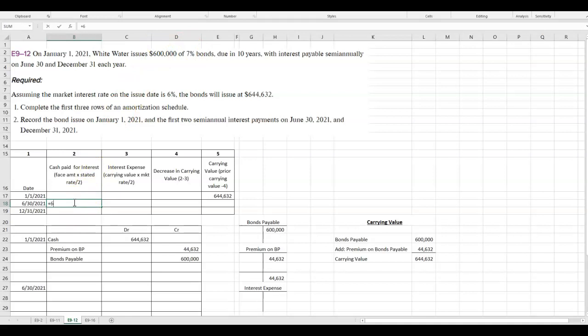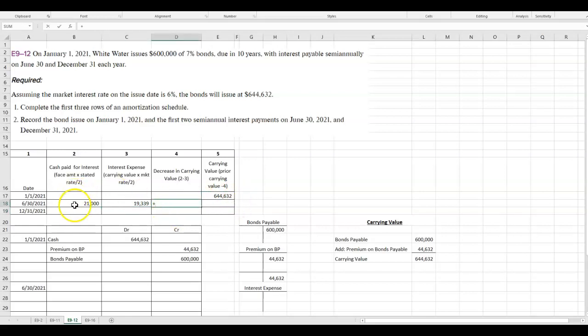So 600,000 times 3.5%, we already know that's 21,000. Interest expense is the carrying value times half the market rate because it's 6 months. The market rate is 6%, so half of that is 3%. So the carrying value times 3%.